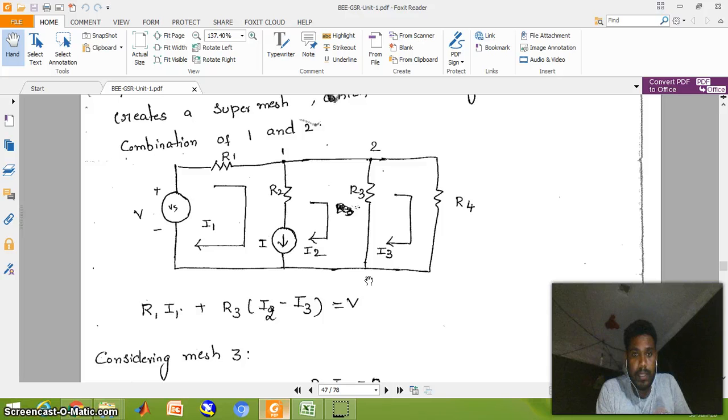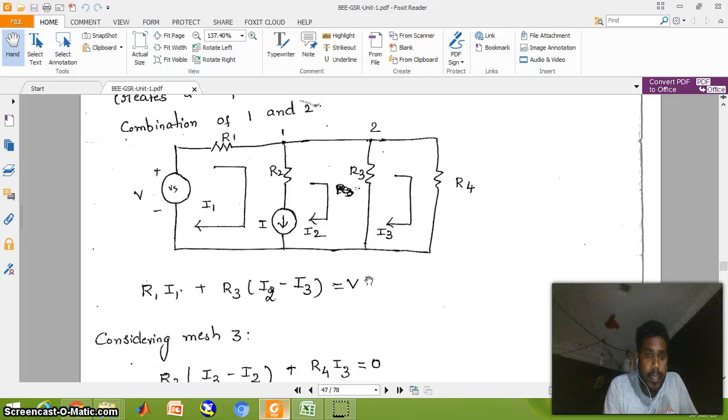That's the reason we apply KVL in loop 1 and loop 2 at a time. So loop 1 and loop 2 are treated as a super mesh. So apply KVL in loop 1 and loop 2.